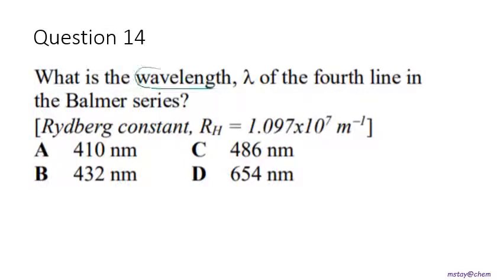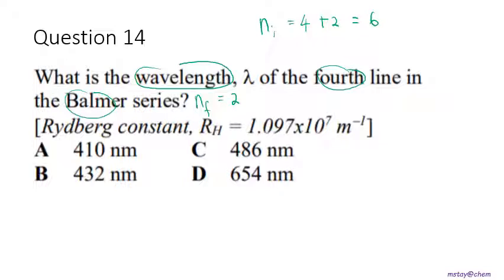What is the wavelength for the 4th line in the Balmer series? As we discussed just now, we know that n final for the Balmer series is equal to 2. So n initial for the 4th line is 4 plus 2, which is equal to 6.